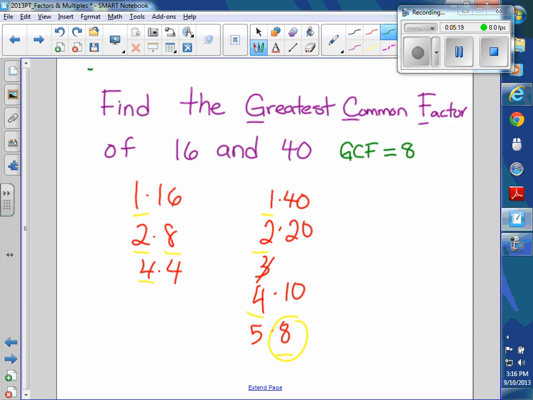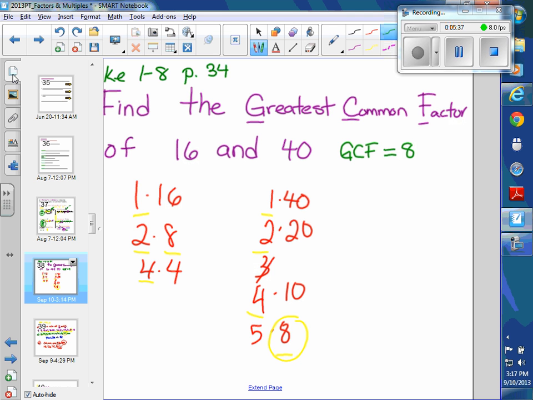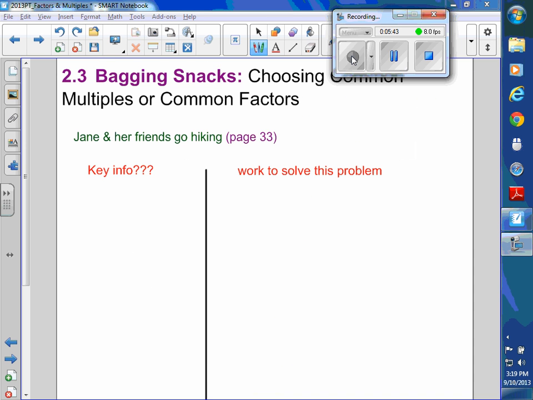This is like problems 1 through 8 on page 34. Does that make sense? Okay, so turn back a page. There's a more interesting problem that we're going to finish class with. It's the bagging snacks problem. Okay, so I want you to look at that problem. I'm going to pause this for a minute. So finish up reading the bagging snacks problem.